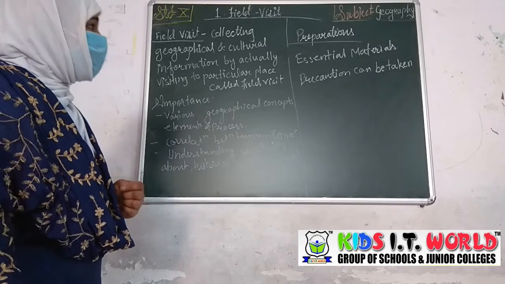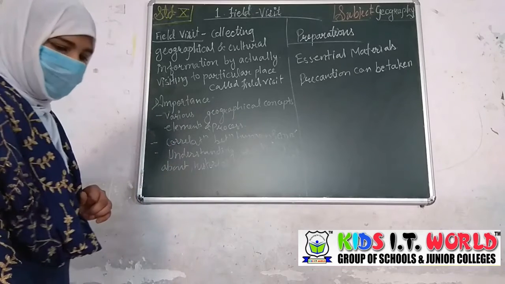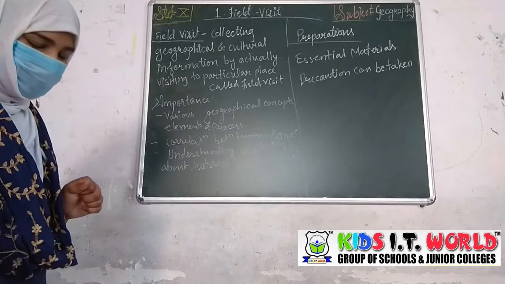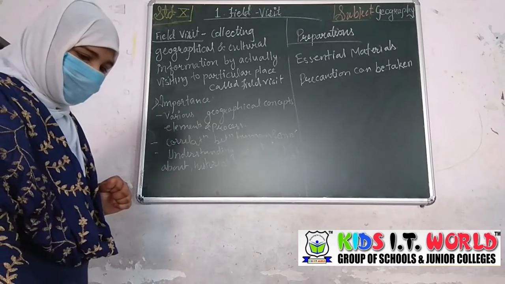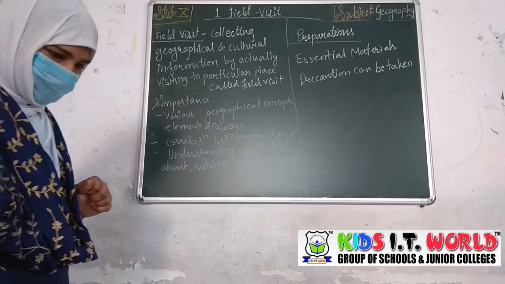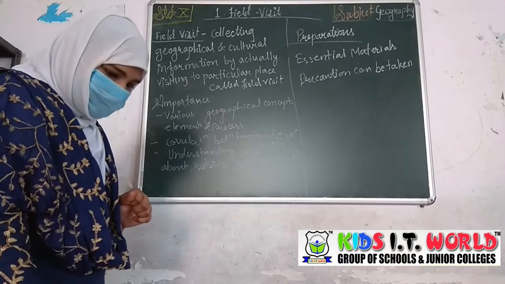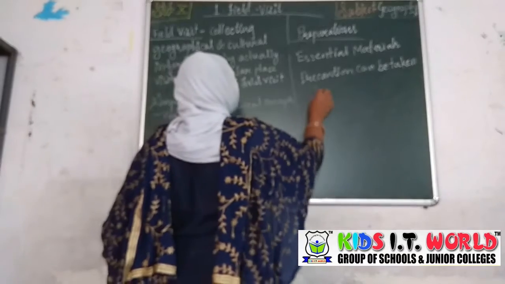Next, what precautions should you take while visiting any field? A field report should be written on the basis of information obtained after the field visit, which completes the information about report writing. Then obeying the instructions of teachers. First precaution, obeying the instructions.